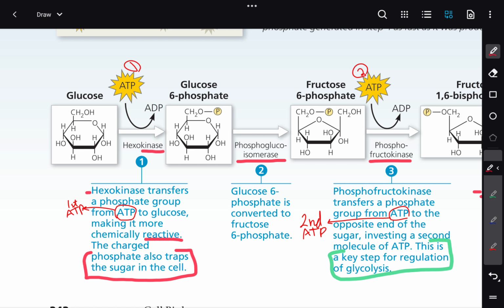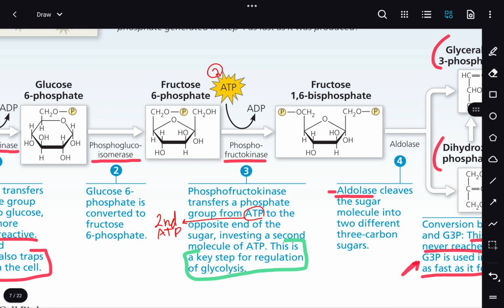The shapes are different, just like how fructose and glucose are different. That's why we have 1, 2, 3, 4, 5 instead of 6.